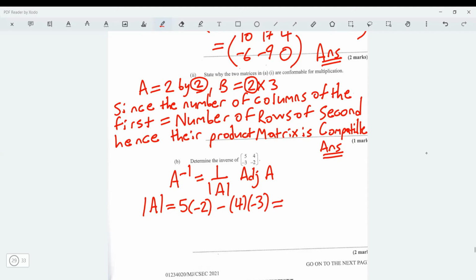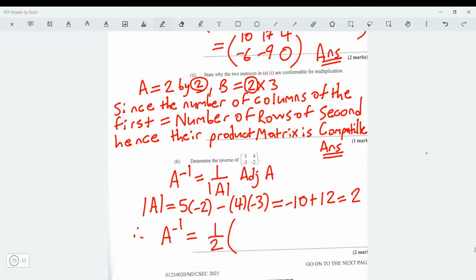So what we end up getting is 5 times minus 2 is minus 10. Minus 4 times minus 3 becomes plus 12. Minus 10 plus 12 is indeed 2. And so the inverse is going to be 1 over the determinant, 1 over 2, times the adjoint.